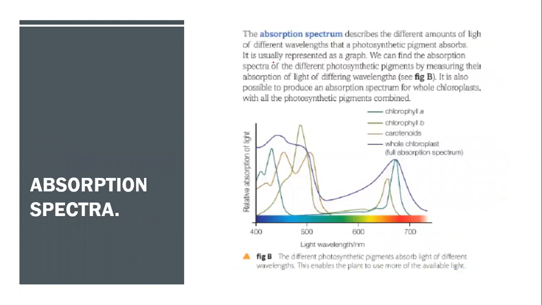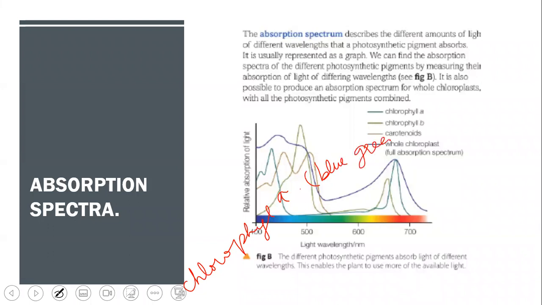Now, when we talk about chlorophyll, it is composed of different pigments. So you can have chlorophyll A. Chlorophyll A is blue-green in color. You can have chlorophyll B, which is yellow-green.